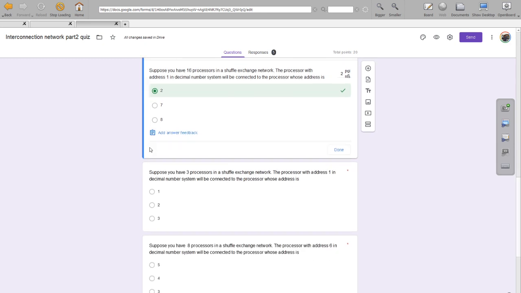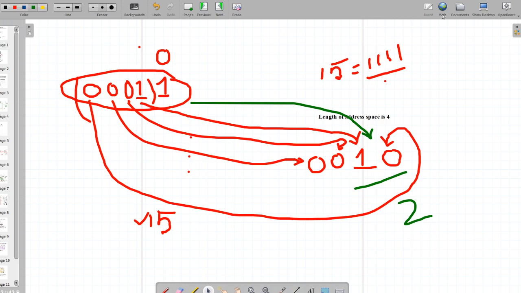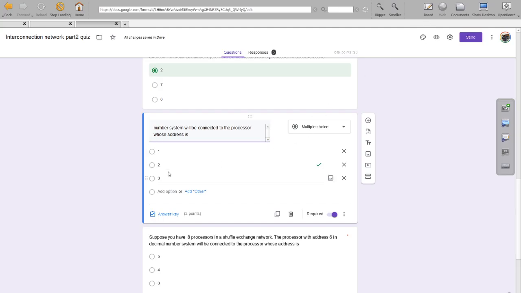Let us come to the next question. Suppose you have 4 processors in a shuffle exchange network. The processor with address 1 in decimal number system will be connected to the processor whose address is, like our previous discussion, 2.